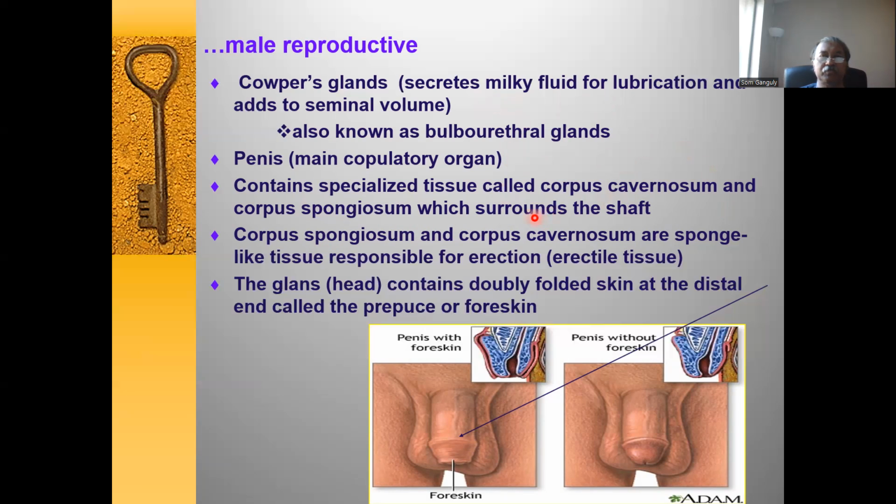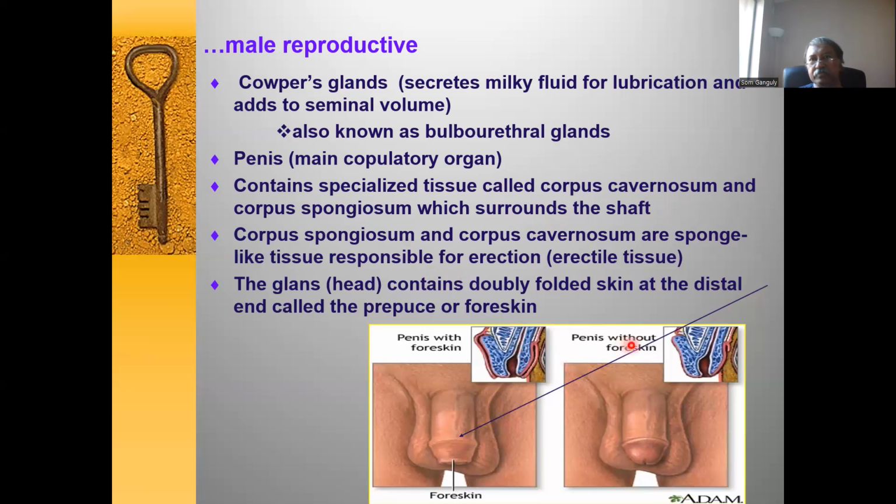Cavernosum and spongiosum are fibrous tissue with microscopic blood vessels, and they can cause the erection when the blood vessels are pumping blood into the corpus cavernosum and spongiosum.